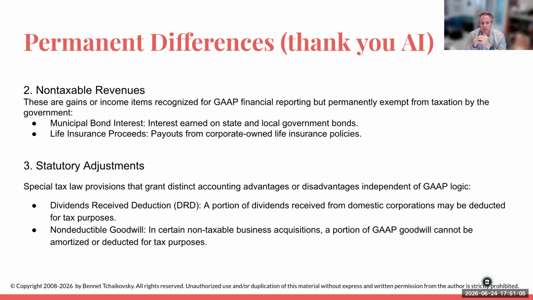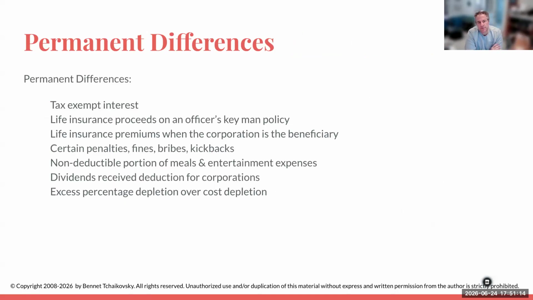Then you get to statutory adjustments, things like the dividends received deduction. Some examples of permanent differences we talked about just moments ago. I did not go over the excess of percentage depletion over cost depletion, but that would also be a permanent difference.